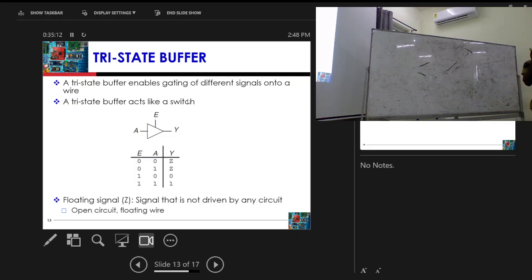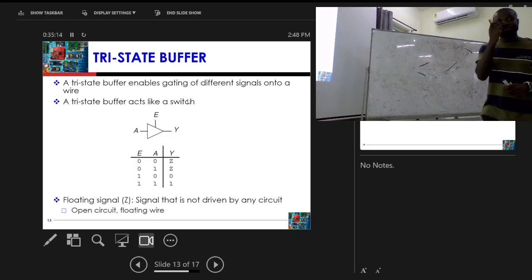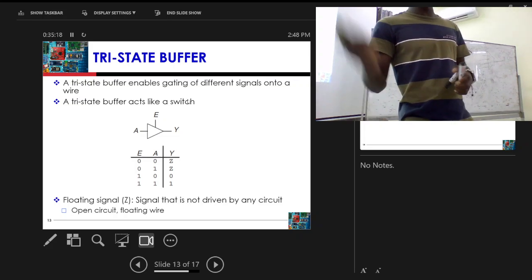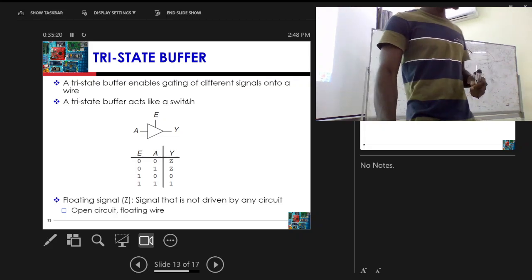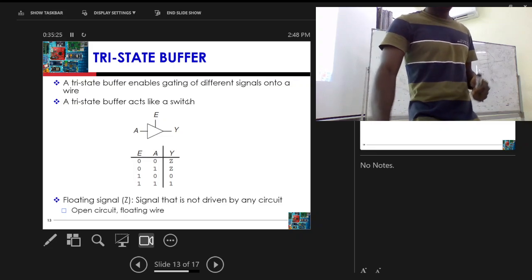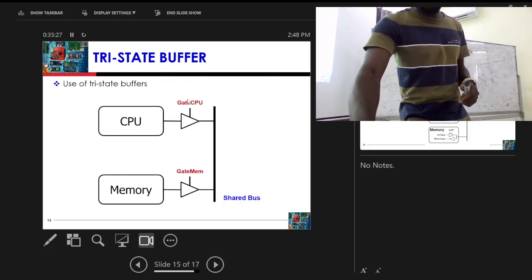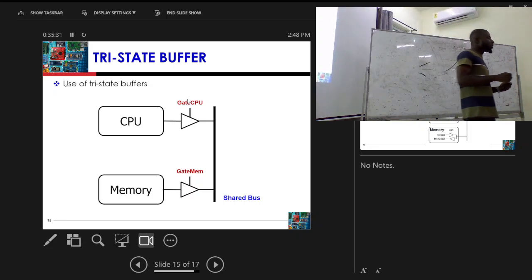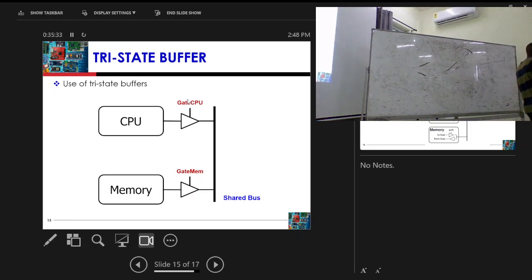And then what is it used for? What can I use this for? All right, so you know that within your CPU, you have only one bus.